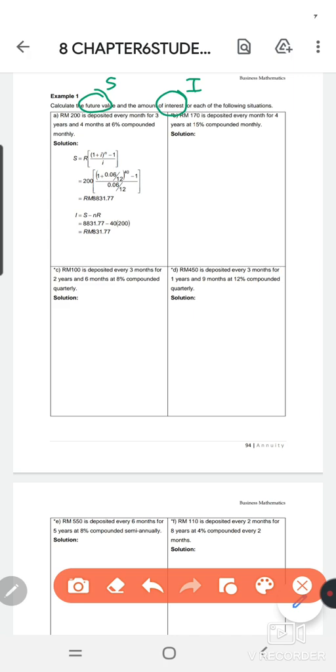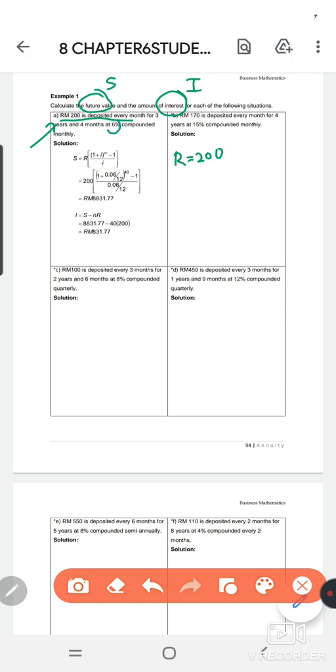RM200 is deposited every month. Yang ni dia bayar RM200 setiap bulan. So it means that this is your R. So payment yang kita buat every month or every year, tak kisahlah, kita buat secara berturutan. So this one is R, R equals 200, every month for 3 years and 4 months.